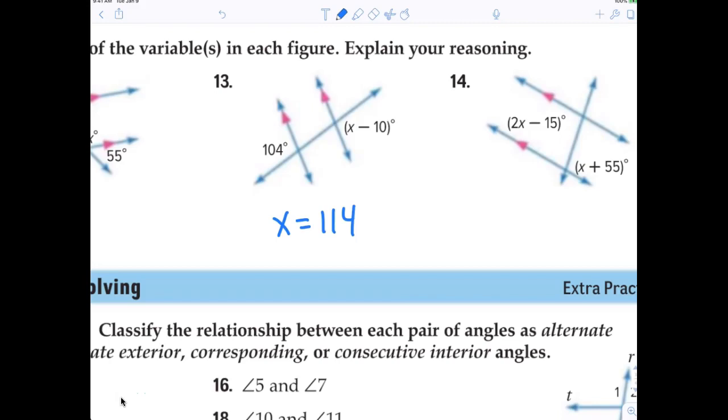What do you want it to be? Tell me what's true. Here's what I'm trying to get to you, and I'm glad you're asking. So what is true about this angle right here, Dalton? Easy. What's true about this angle right here and this angle right here? Very good. So what's the problem?